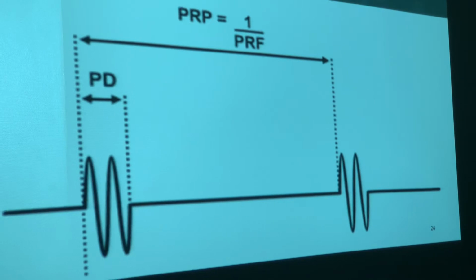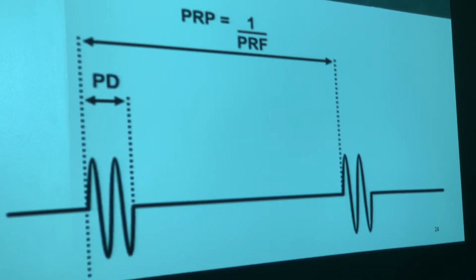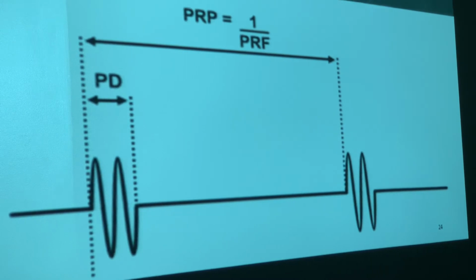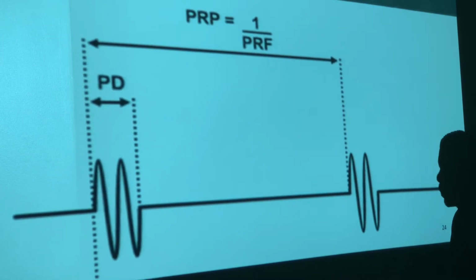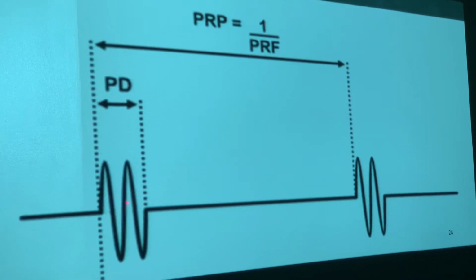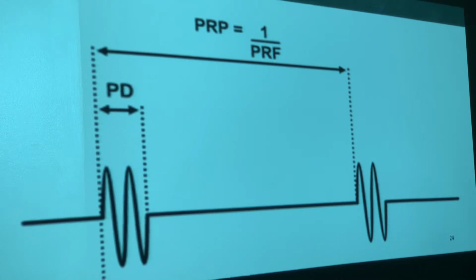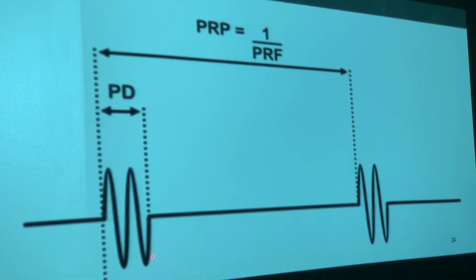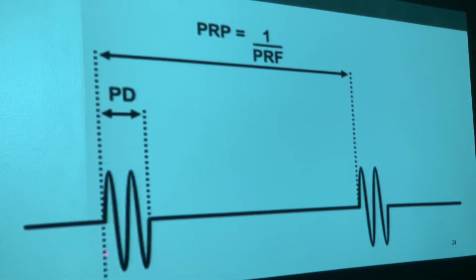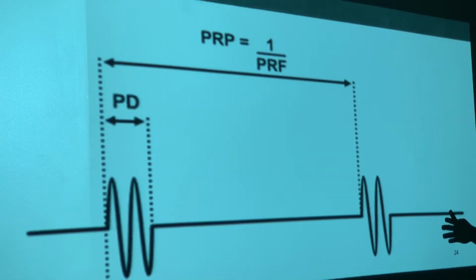So if the number is higher, that means we are deeper? I like that question. That's a good question. Let me give you guys an example. If we're listening for a longer amount of time, then our duty factor is going to be less, because the amount of time it's transmitting is going to be minuscule compared to the time of transmit and receive.